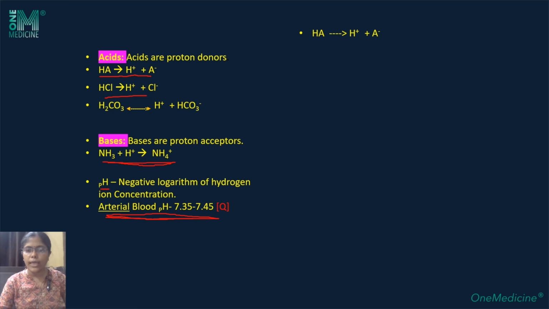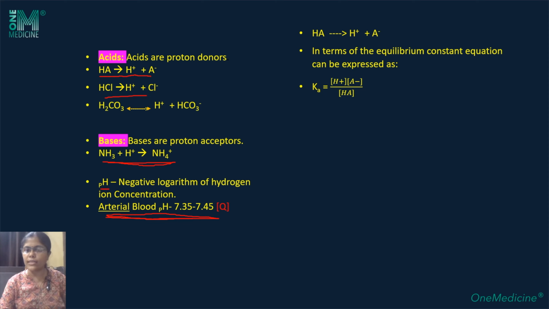So, see here, an acid HA dissociates to H plus and A minus. In terms of the equilibrium constant, this equation can be expressed as Ka equal to active mass of H plus into active mass of A minus anion divided by the active mass of HA.